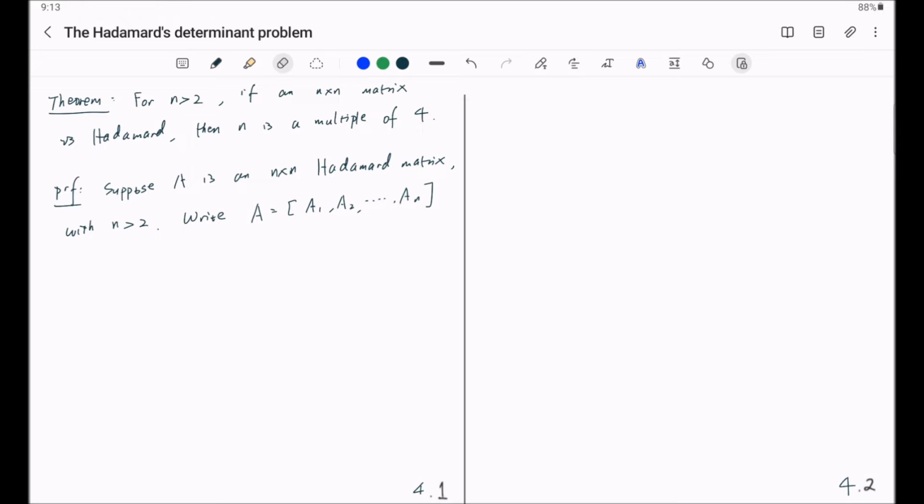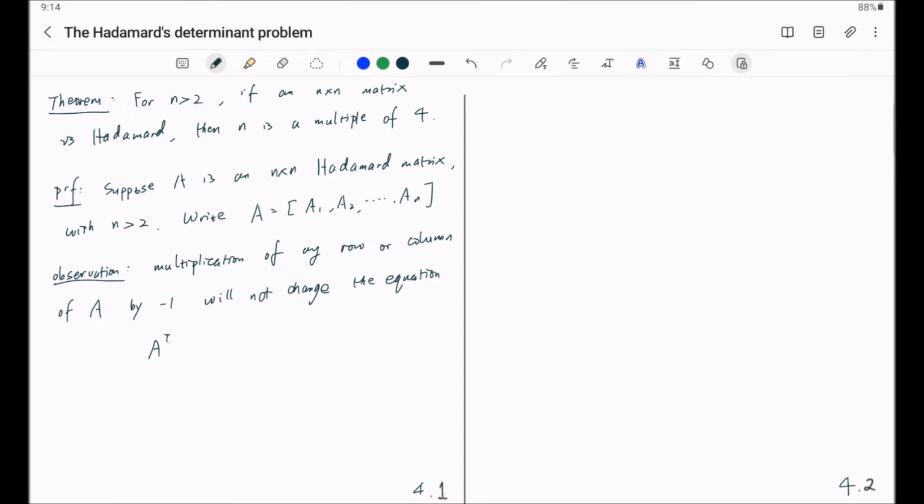Now we make an observation. We observe that the multiplication of any row or column of A by negative 1 will not change the equation that A^T A and A A^T are both equal to the scalar matrix n times I_n.